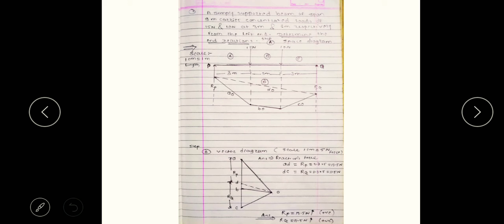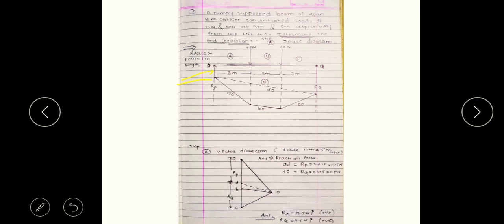Now from the numerical we will first of all draw the diagram. We have already drawn the diagram in the analytical method, but here we need to consider a suitable scale to draw the space diagram. So the first thing is to draw the space diagram. Here is the space diagram. For the space diagram we will consider the scale: 1 centimeter equal to 1 meter length, so 3 meter, 3 meter, 3 meter length is here.